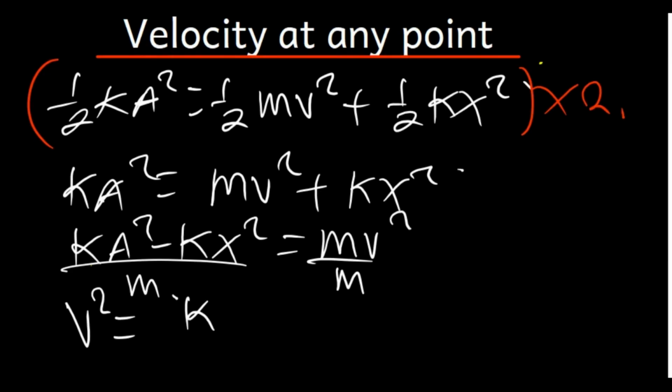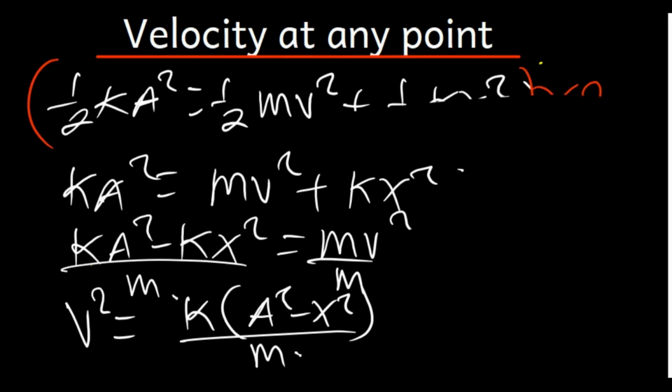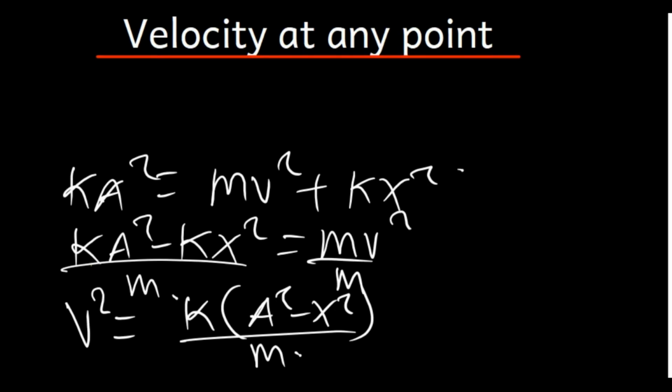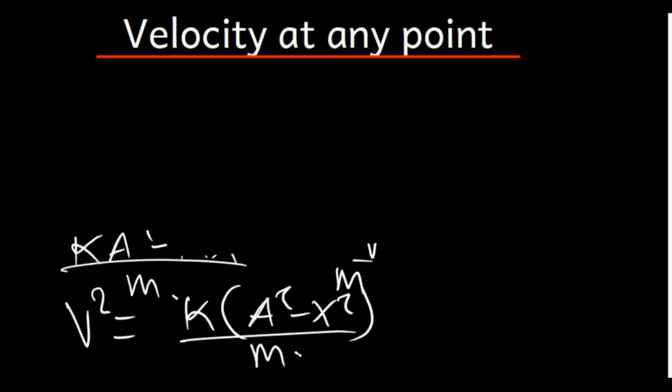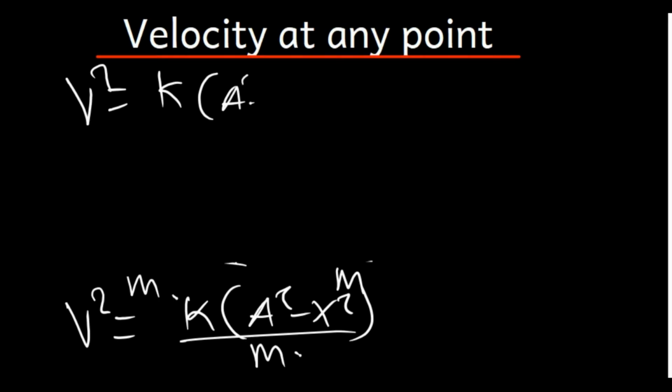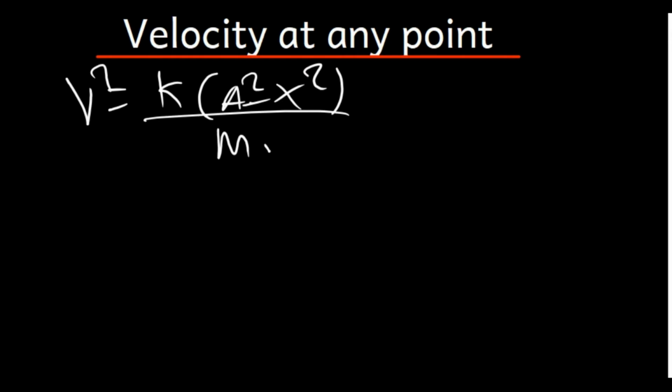So k open brackets a squared minus x squared, then everything divided by m. Then we can take the square root of both sides to make v the subject of the formula. So we have v squared equal to k open brackets a squared minus x squared, divided by m. What I can do now from here is take the square root of both sides. This is what we're going to have.